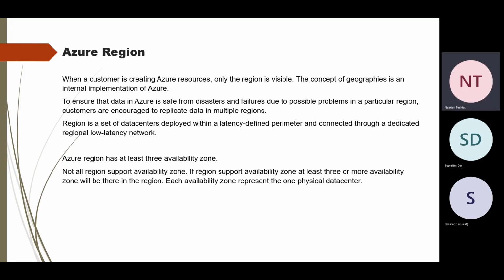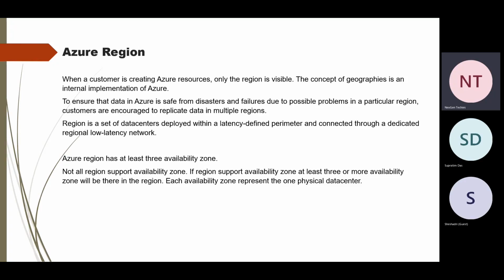Within the region, we have the availability zones. Each region has at least 3 availability zones. These 3 availability zones represent physical data centers.